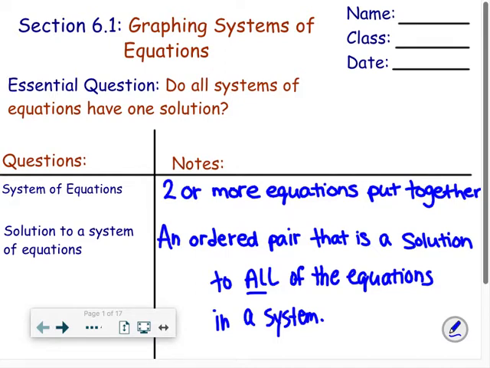The systems that we're going to be working with in this course have two equations in them. When you're in a more advanced course, you'll see systems that may involve 3 or 4 equations. Remember that an ordered pair has an x-coordinate and a y-coordinate. So what we're looking for when we're looking for our solutions would be those ordered pairs.